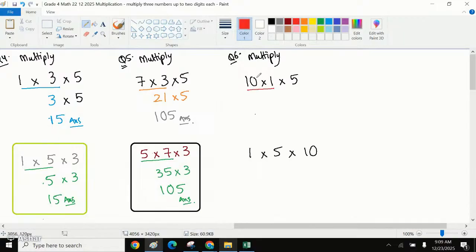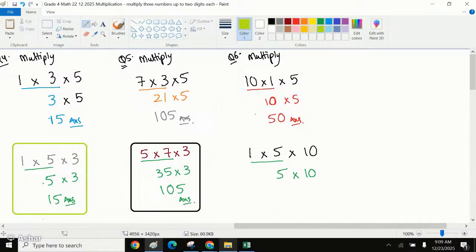1 multiplied by 10 is 10. Because 1 multiplied by 1 was 1 and there was 1 0, we put a 0. 10 multiplied by 5: 1 multiplied by 5 is 5. There was a single 0, we copy it as it is, and the answer was 50. Let's look over here. 1 multiplied by 5 is 5, multiplied by 10.